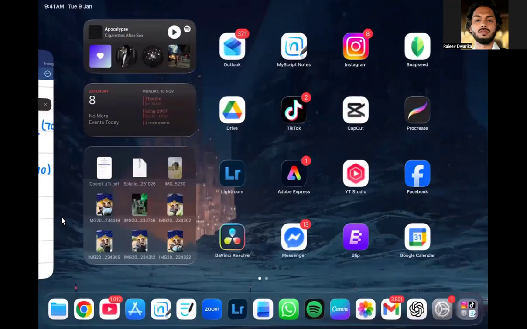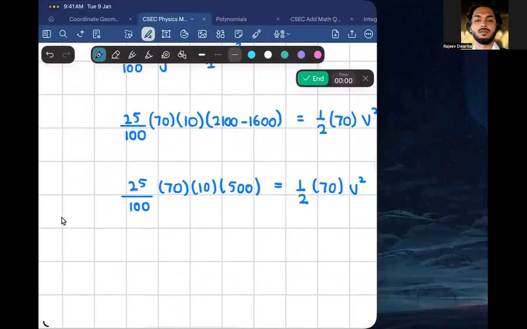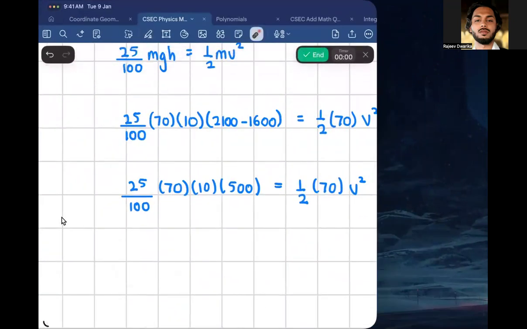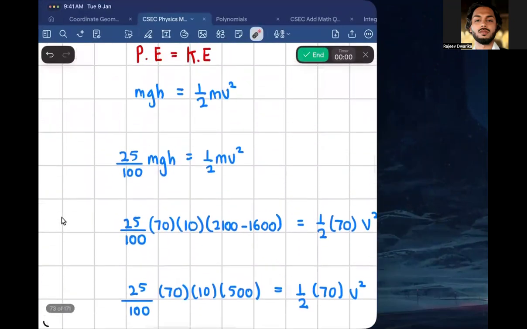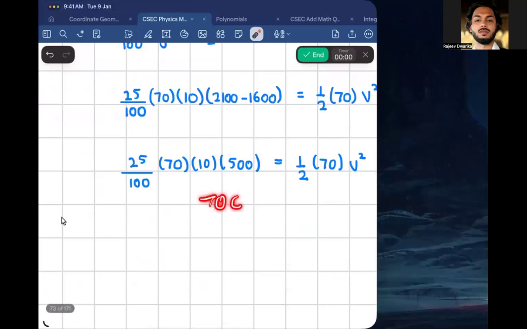In the calculator, we could plug that whole thing in wholesale. You don't even need a calculator, you can do this mentally. 70 by 10 is 700, right? 700 by 500 is 35, right? Just verify that. Yes, sir.